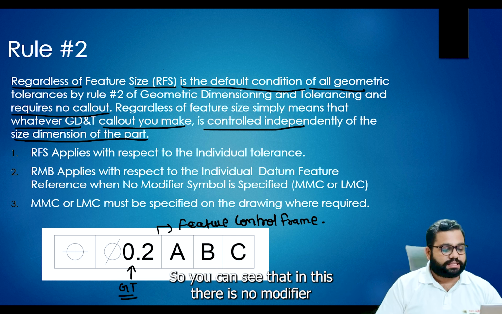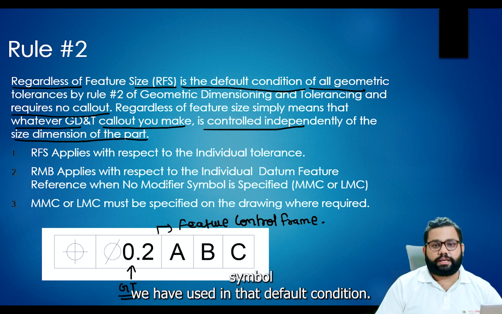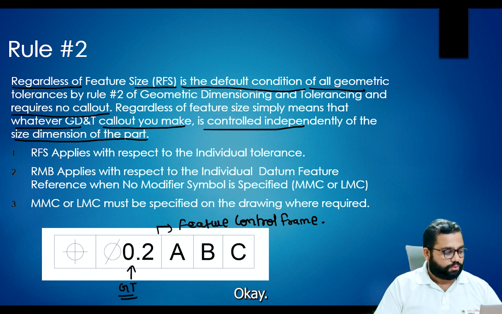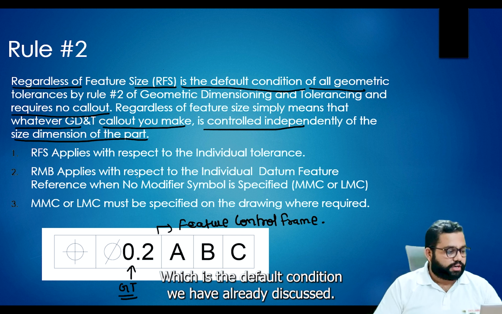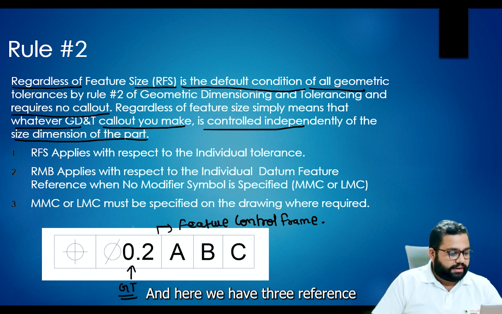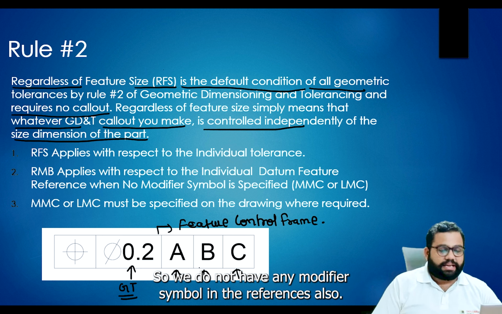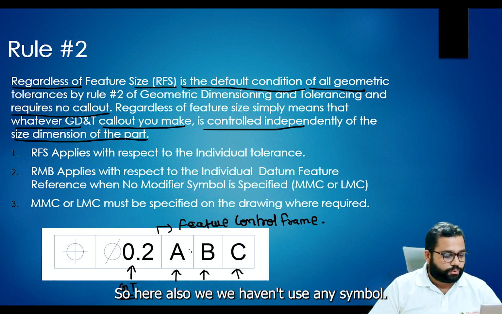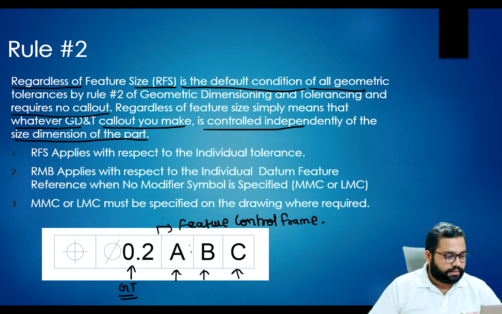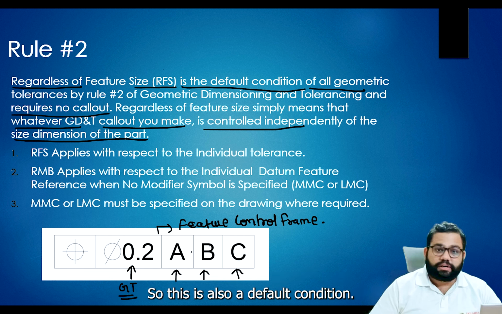You can see that in this there is no modifier symbol, which is the default condition we have already discussed. Here we have three datum references: primary datum, secondary datum, and tertiary datum, and there is no modifier symbol in the references either. So this is also a default condition.